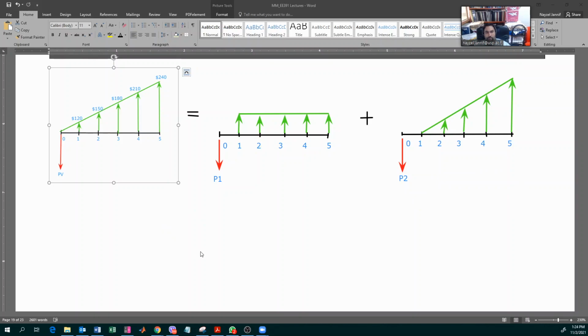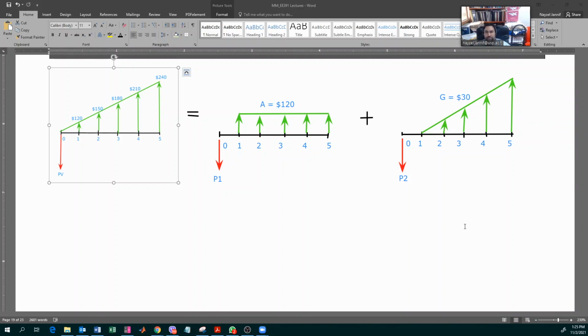Unlike before, we have some annuity here, and this annuity is equal to $120, all right? And we have a G of, how much was the G? Of $30. It increased by $30.